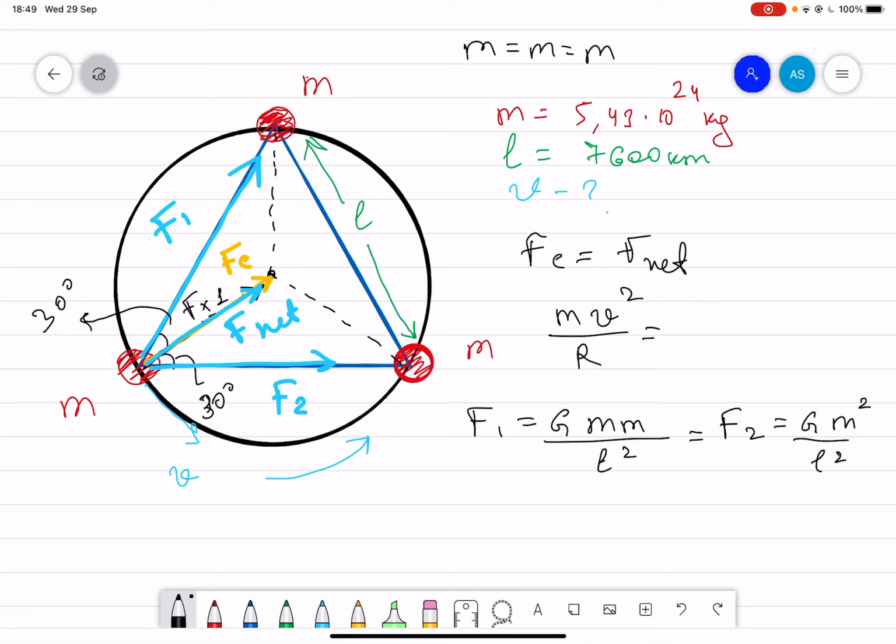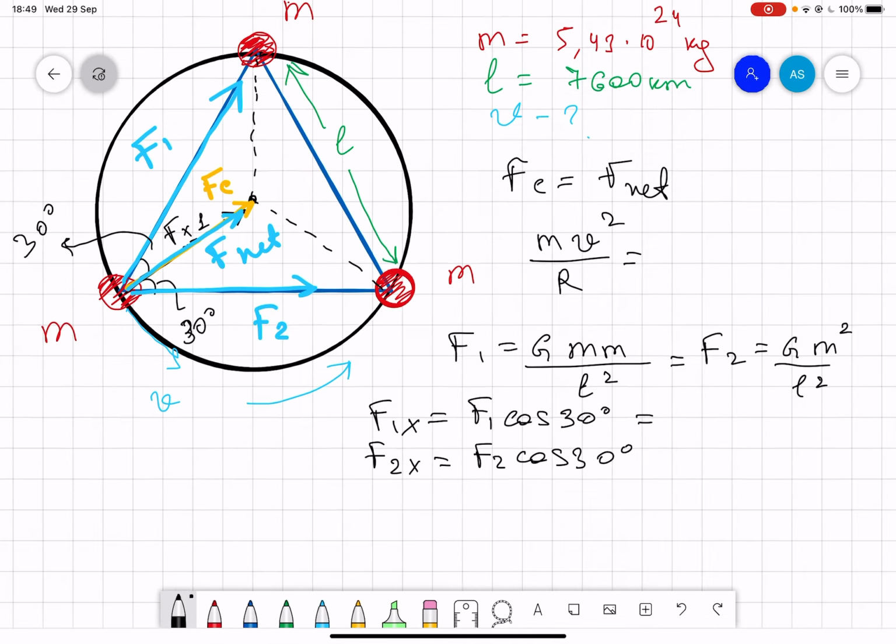That means we can say that F1x is equal to F1 cos 30 degrees, and F2x is equal to F2 cos 30.